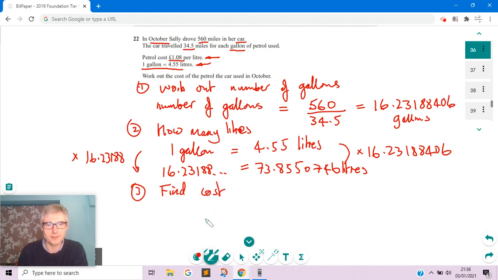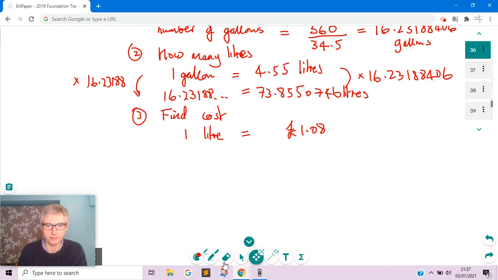Since 1 litre would cost us £1.08, and we're looking for this amount of litres, 73.855 etc., I need to times the 1.08 by that amount.